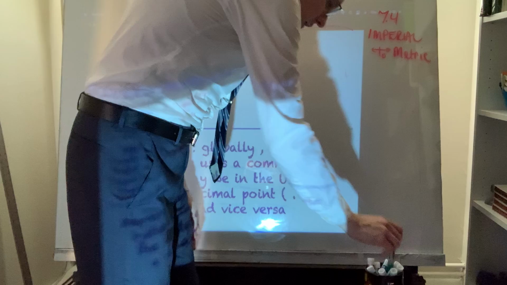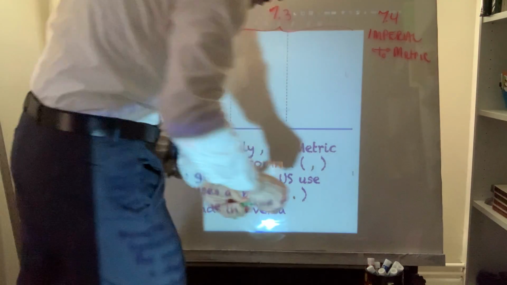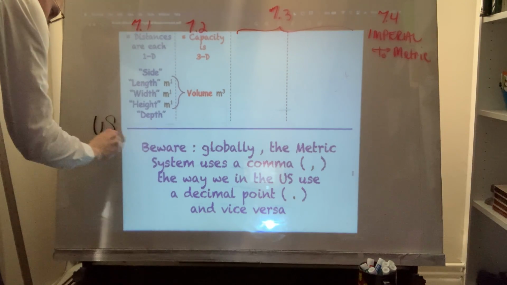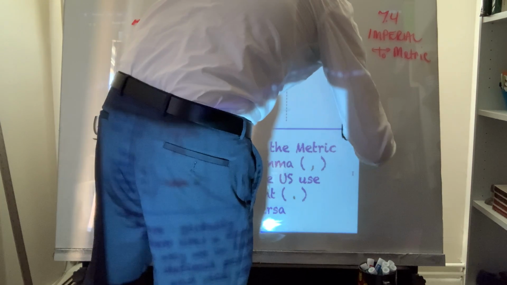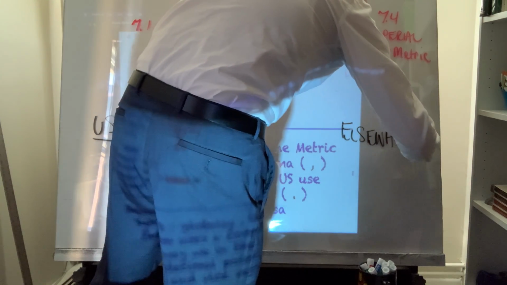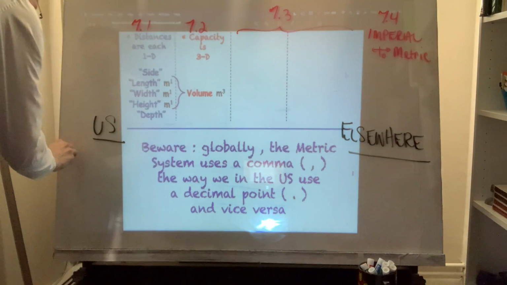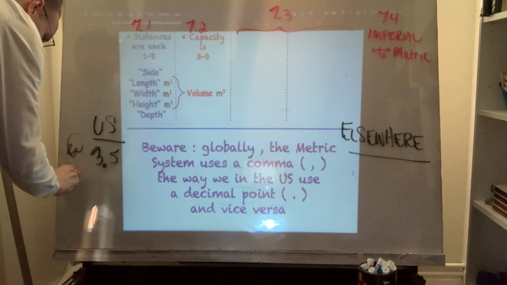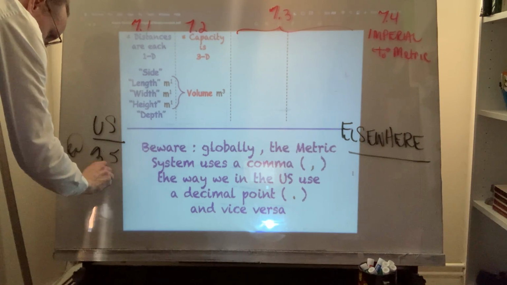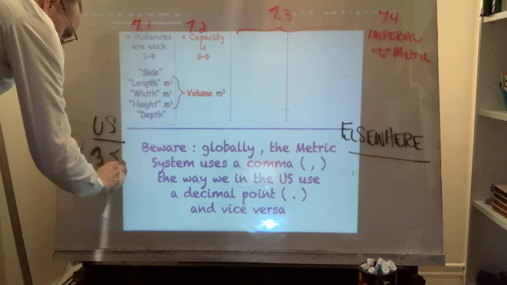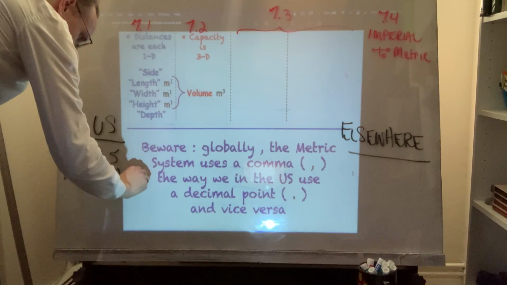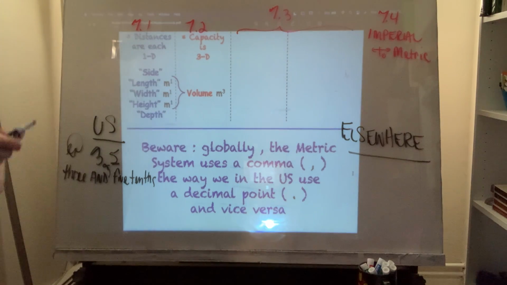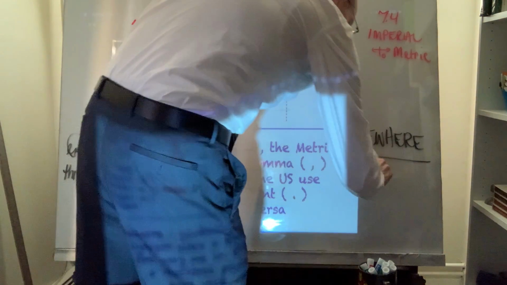So, for example, if in the U.S. you see a number like 3.5, this is understood as being 3, and the decimal point is right as in, 5/10, as the 5 is sitting in the tenths place. All right. How it would be written elsewhere would be like so: 3,5.